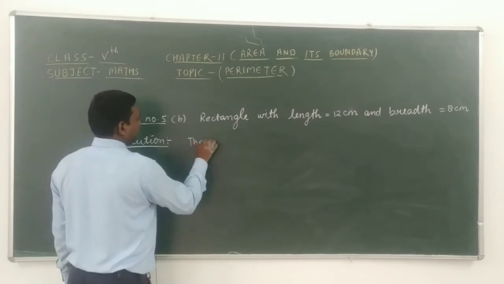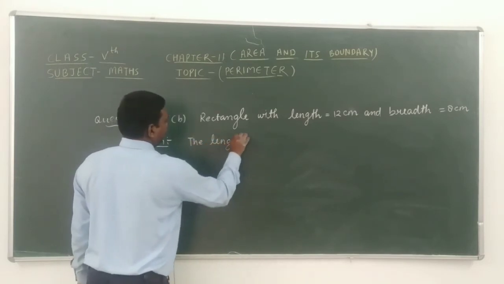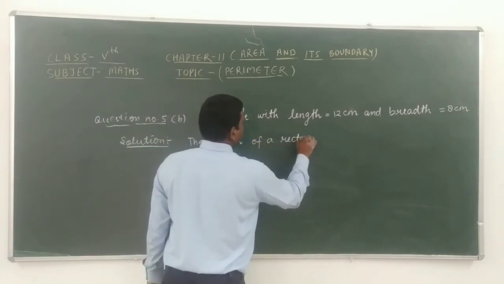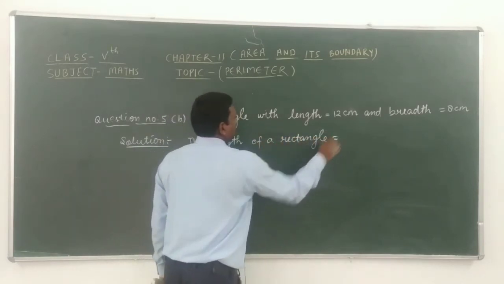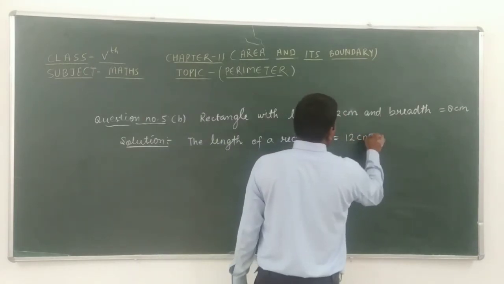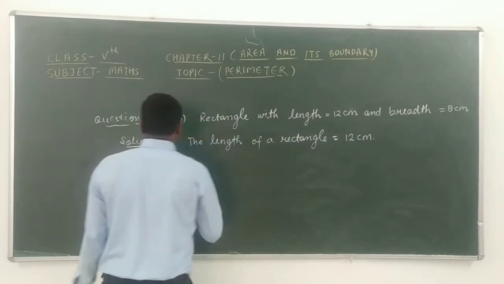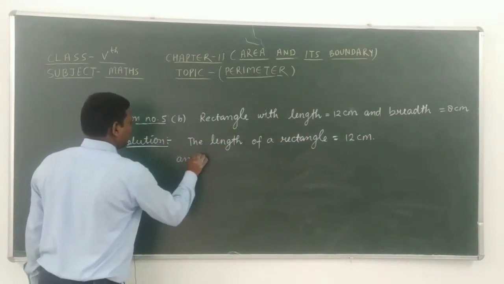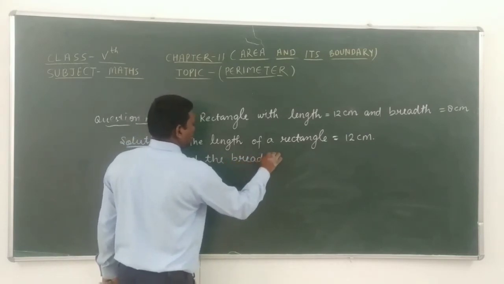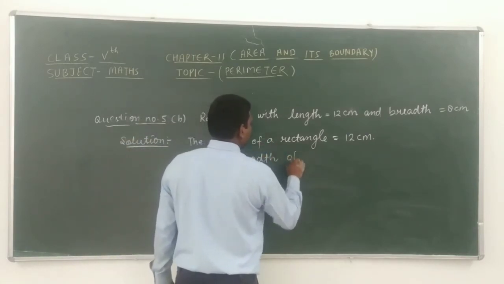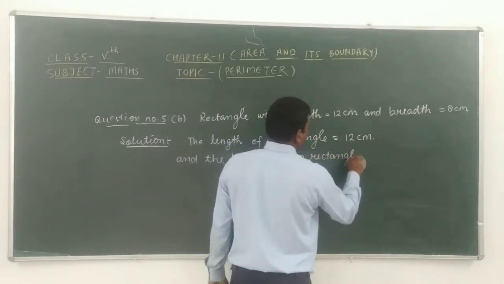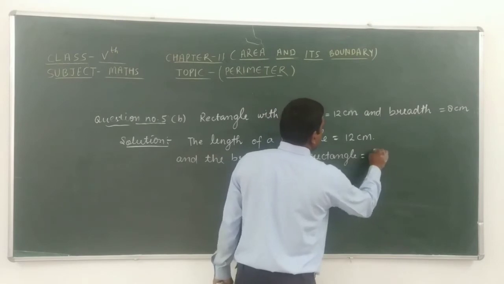The length of a rectangle is equal to 12 and the breadth of a rectangle is equal to 8 centimeter.